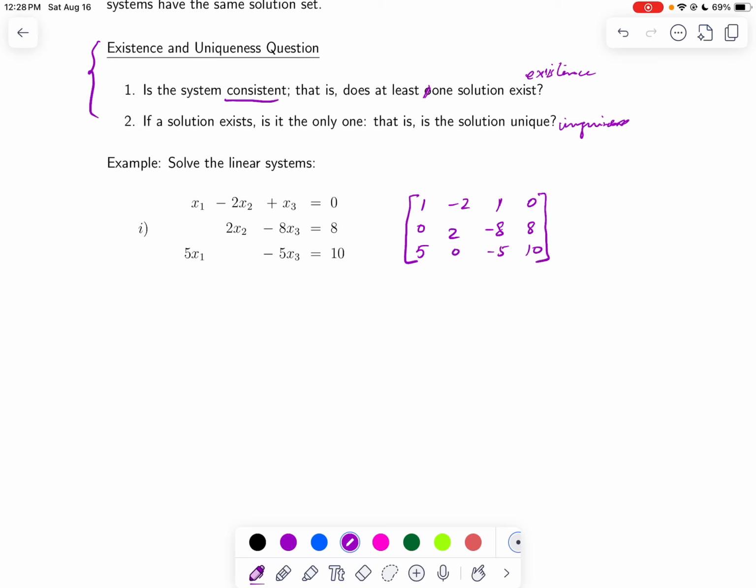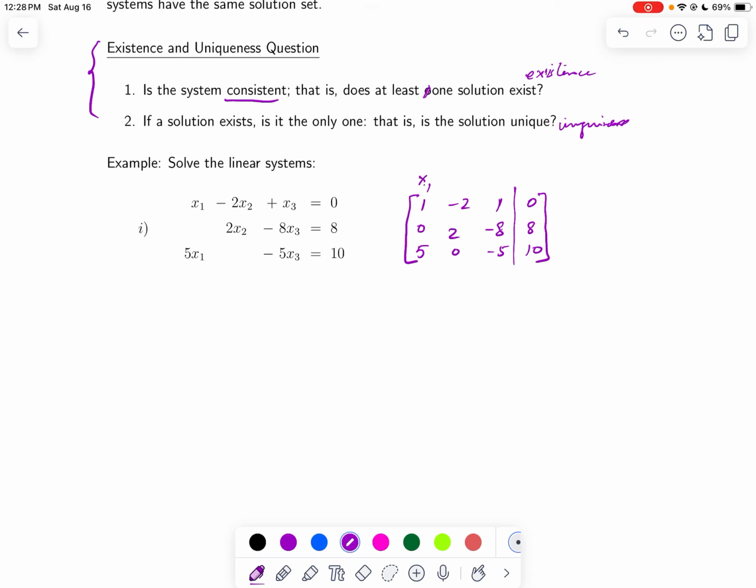Now, in many books, they draw a line here and keep it in all the matrices. This is to differentiate that the numbers on the right are the numbers to the right of the equality sign in the equation, and the numbers to the left are the coefficients of the variables. The first column, containing 1, 0, 5, holds the coefficients of the variable x1.